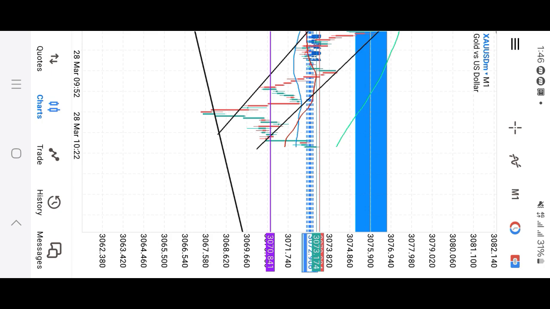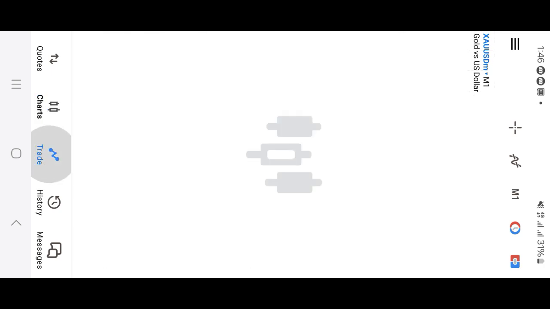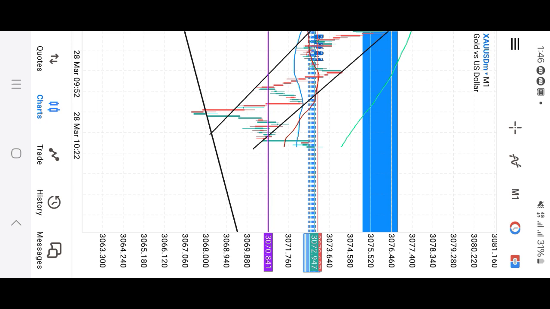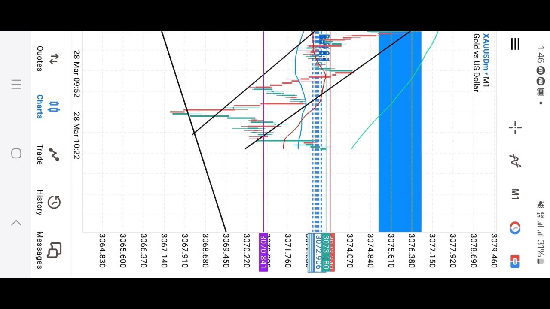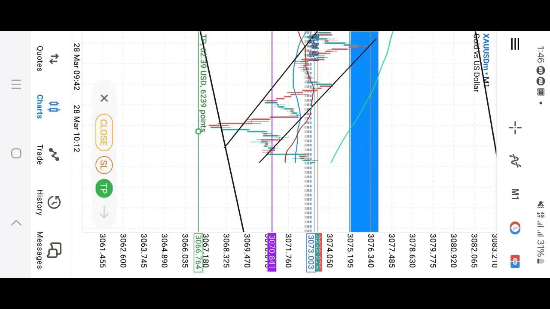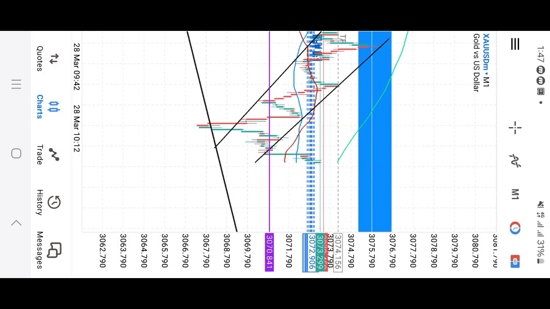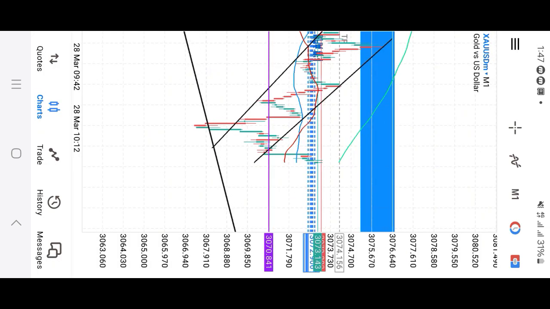So I will wait for a few moments. Then this is my strategy, you know. My TP will be around here, but I will not wait till then. I will scalp if I see one candle.